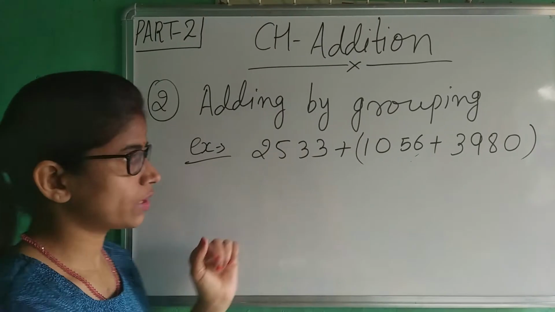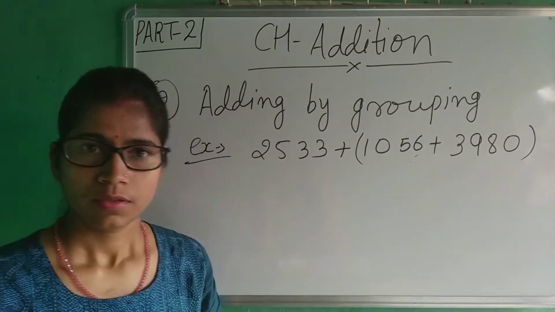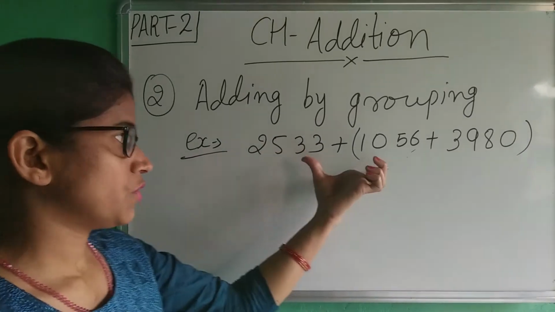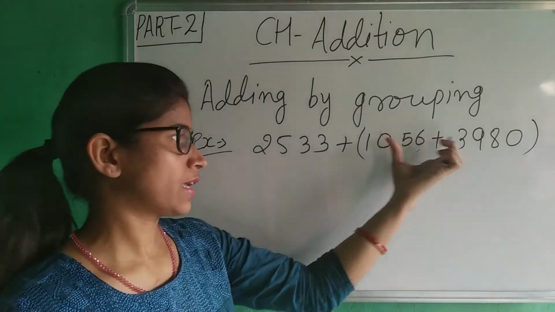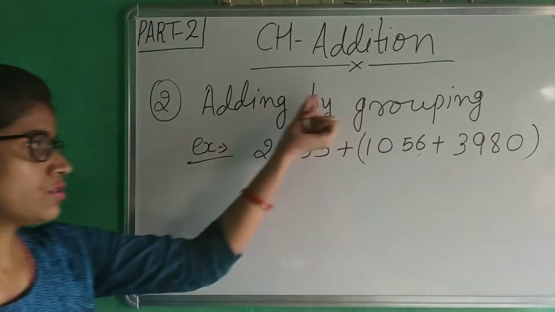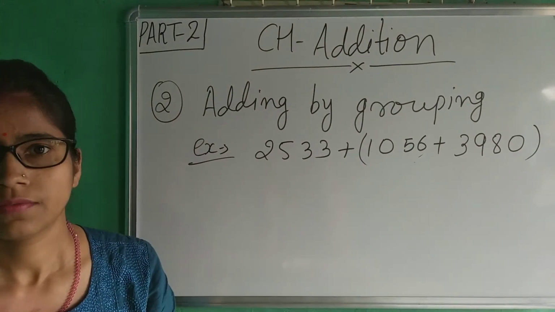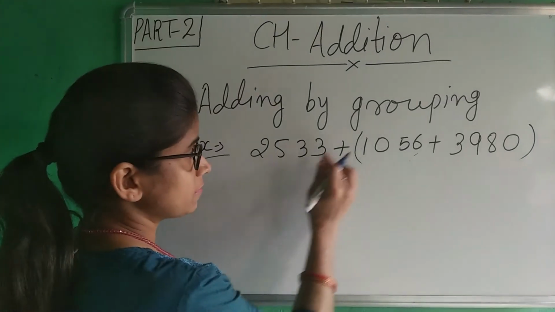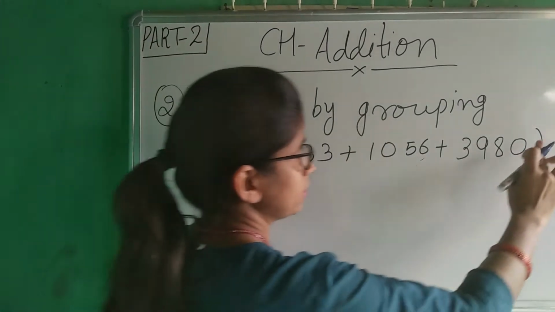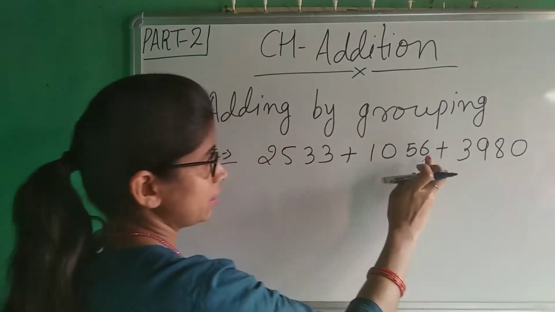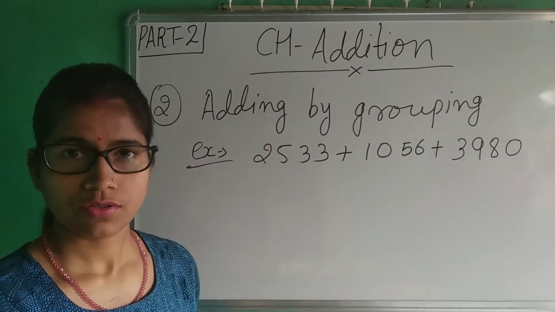So you can group in three ways if you have three numbers.